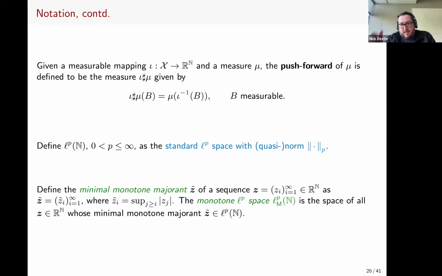The monotone ℓp space, ℓp^M, is the space of all z whose minimal monotone majorant z tilde is in ℓp.